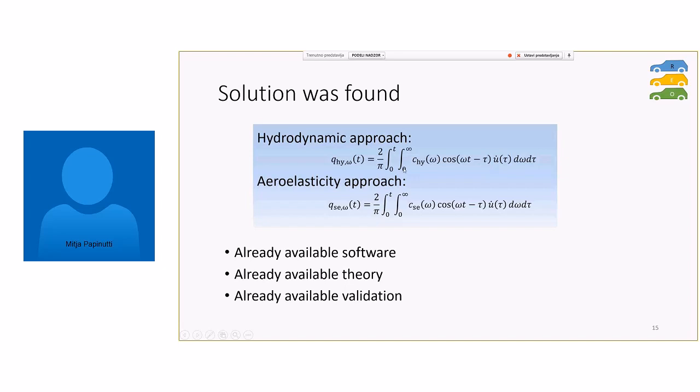That means those transformations are possible, because here we have infinite integrals, and you need to have this format in order to be able to simulate this effect. This is a requirement of the equation. In the same way for aeroelasticity, we use the same mathematics, but this damping is different.